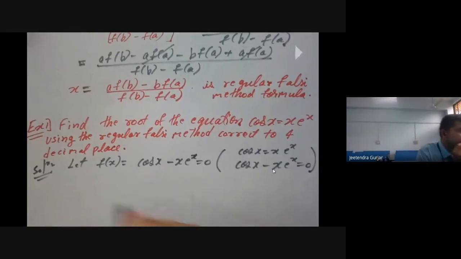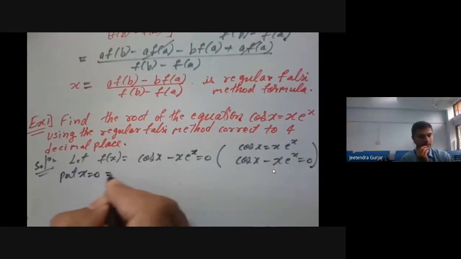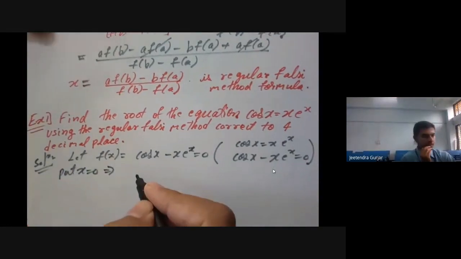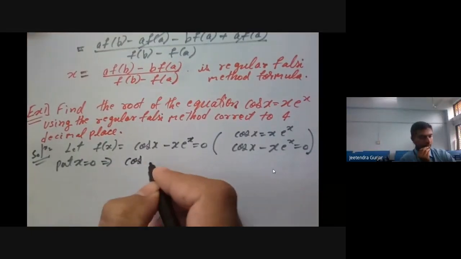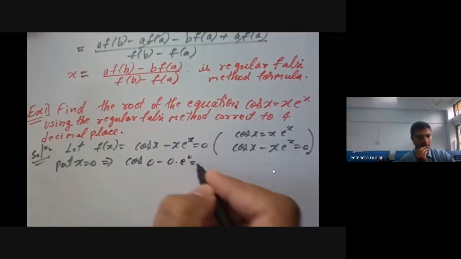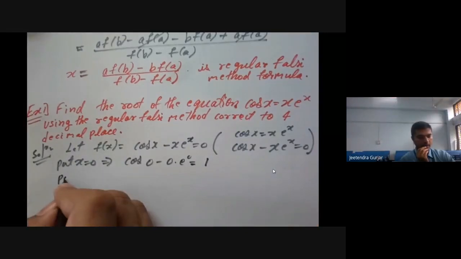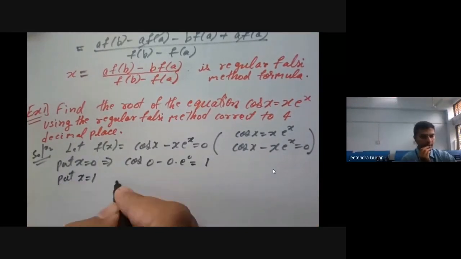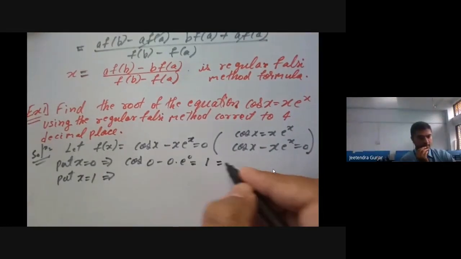Okay, so we'll continue next again. So we now put, what is the initial condition? Always 0. When you put x is equal to 0 in the equation, we get cos 0 minus 0 into e raised to 0 is equal to 1. Next, put x is equal to 1. So what we get here?